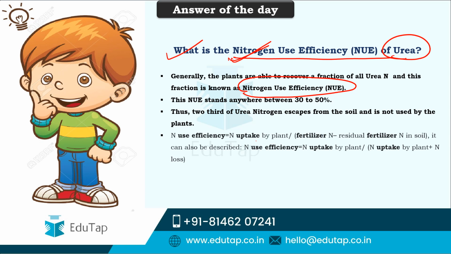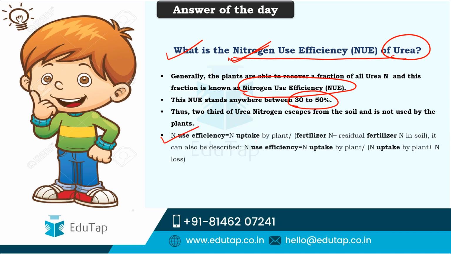And this nitrogen use efficiency of urea stands anywhere between 30 to 50%. That is, in simpler terms, only 30 to 50% of whatever nitrogen is supplied by urea can be utilized by the plants. Rest of it is not used by the plants, and rather escapes into the earth's atmosphere.